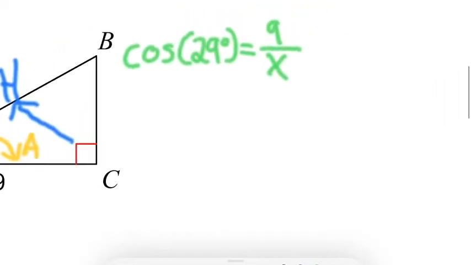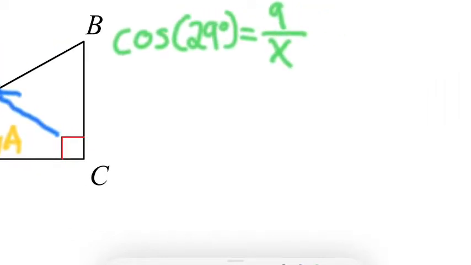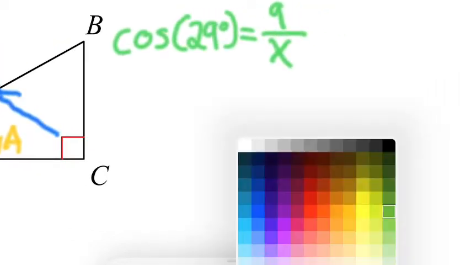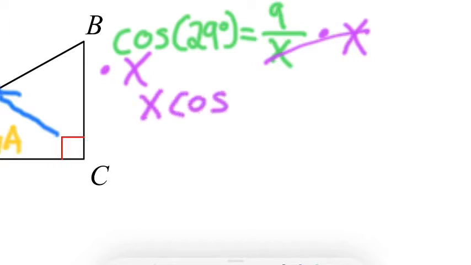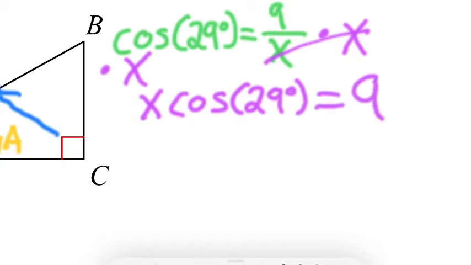Now, I'm only going to do this one time. To solve this without the trick, you would multiply both sides by x. Division by x and multiplication by x cancels out. You're left with x times cosine of 29 degrees equals 9.